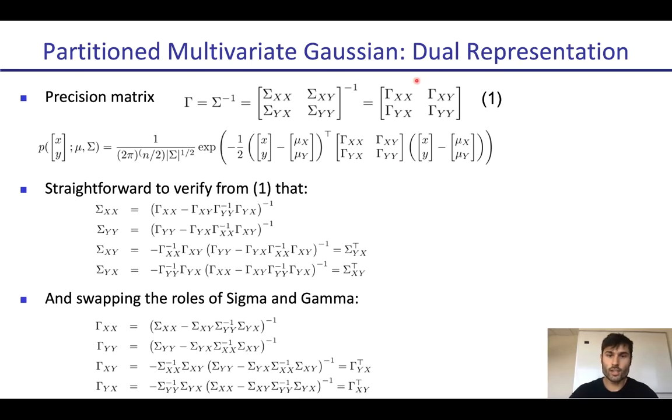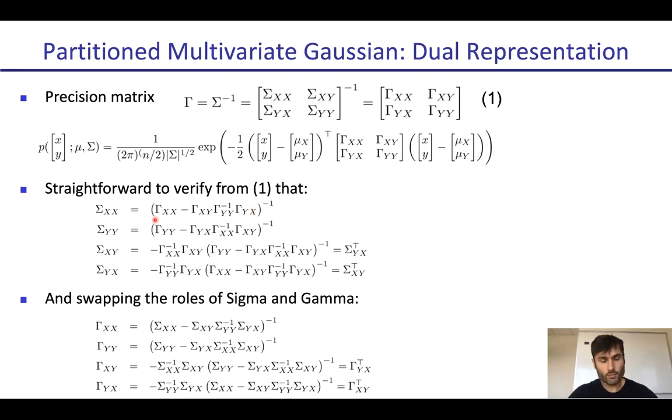Using the identities for the inversion of block partition matrices, it's pretty straightforward to verify this set of relationships. And I don't know if someone will notice, but this is the Schur complement of the precision matrix.